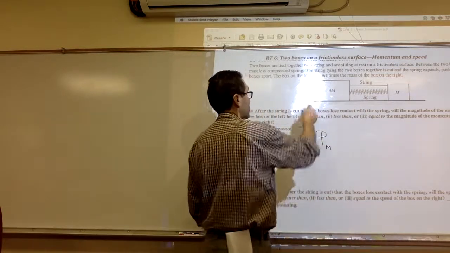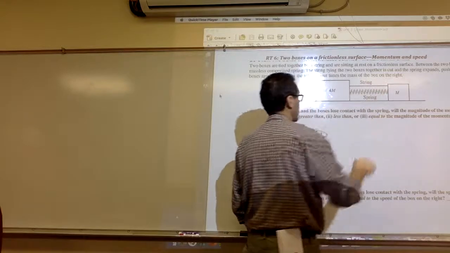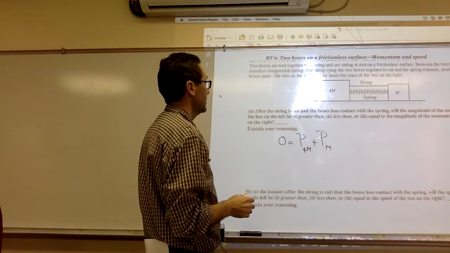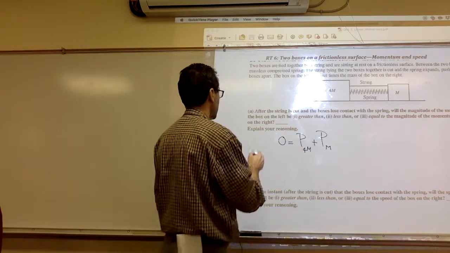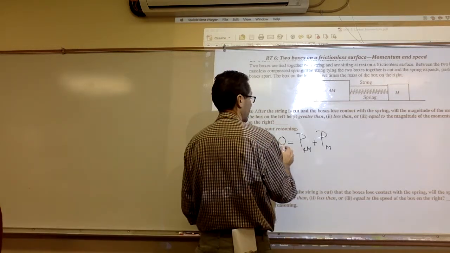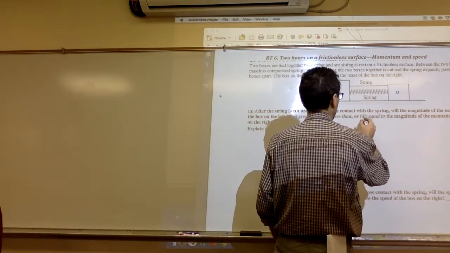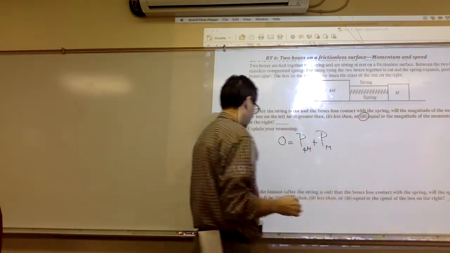So the momentum of each would be equal. Their momenta would be equal, except that they would be in opposite directions. Okay. All right. So they're going to have the same. It's going to be equal.